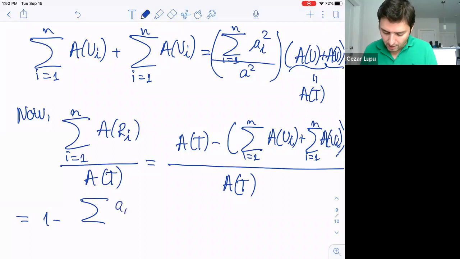If we look above, this is Ai squared over A squared, right?